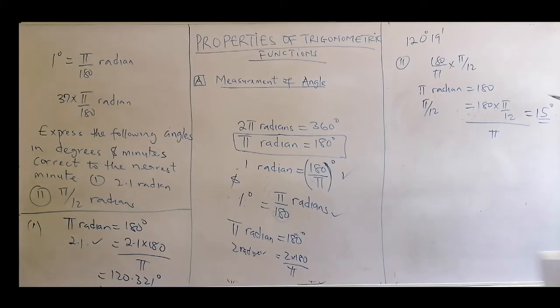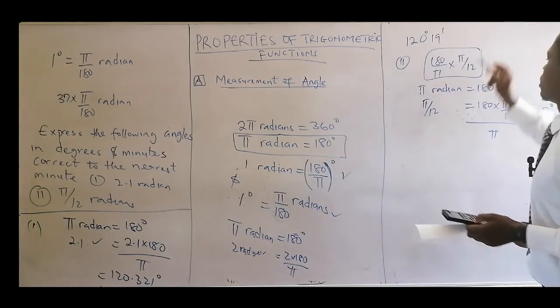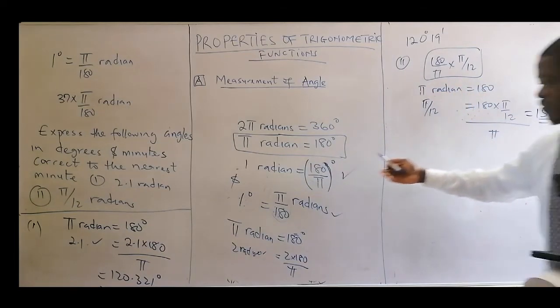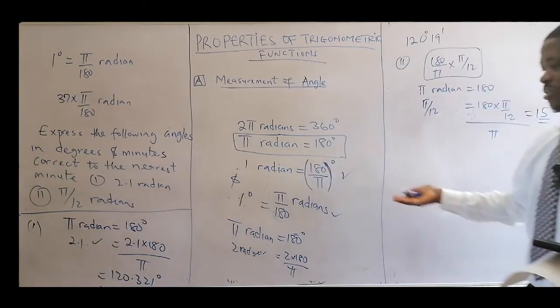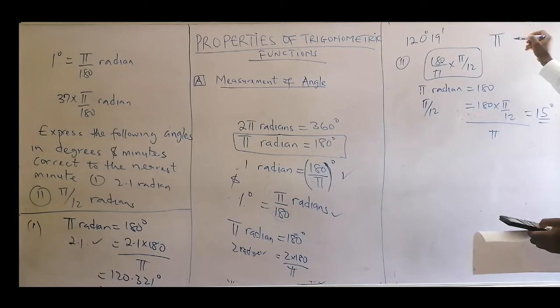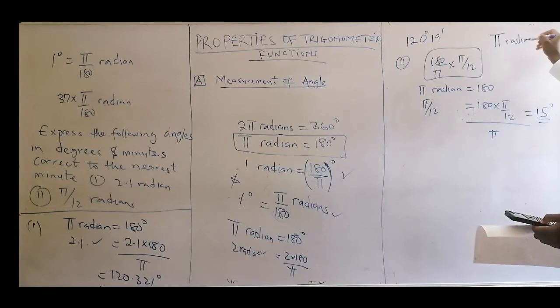So this is the straight away formula. Sometimes you may forget that 1 radian equals 180 over pi, and 1 degree is pi over 180. But it is automatic that you know pi radian is 180. So you can switch between radian and degree, or degree to radian.